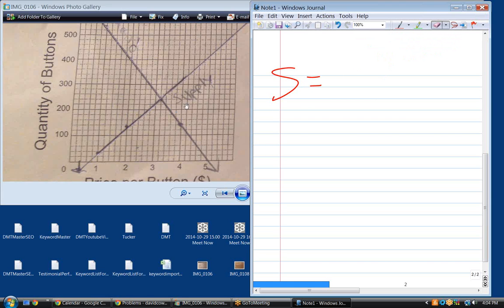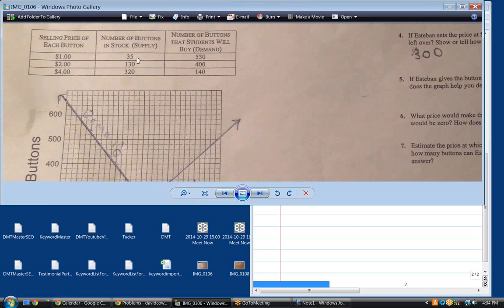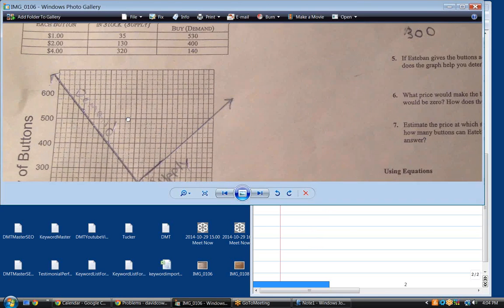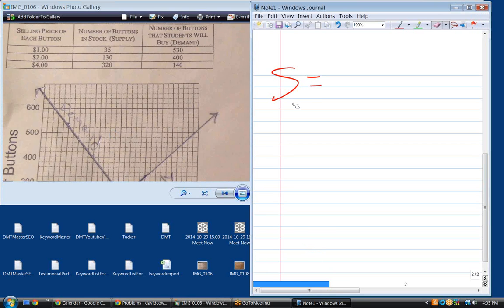So you almost always need to know slope. So how can I get the slope? If I decide to use 2 points from the table, which is the best thing to do because you can just pull the values directly from the table, as far as supply goes, let's use this point and this point.